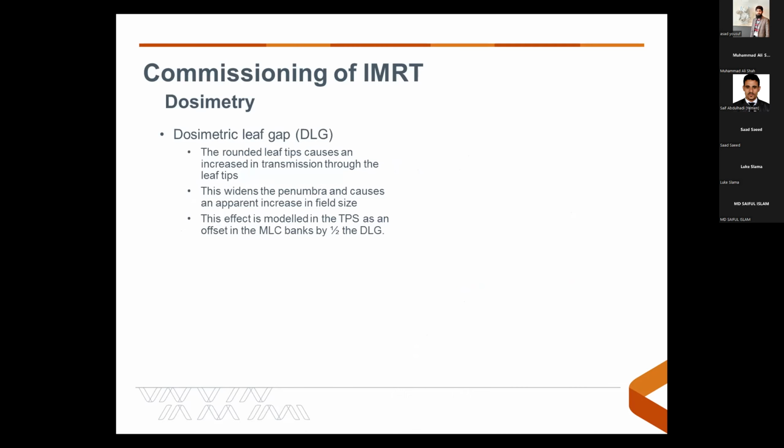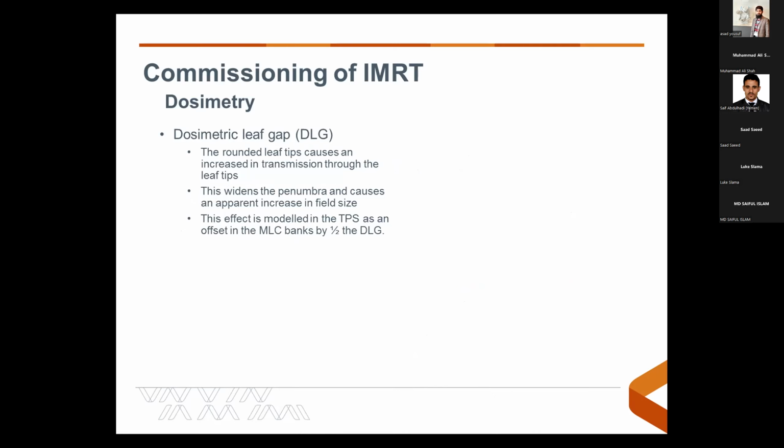So the dosimetric leaf gap, this is required by the Eclipse treatment planning system, and it's a method to model the rounded MLC leaf tips. The rounded MLC leaf tips cause an increase in the transmission through the leaves, and this creates an effect that widens the penumbra and causes an apparent increase in the field size.